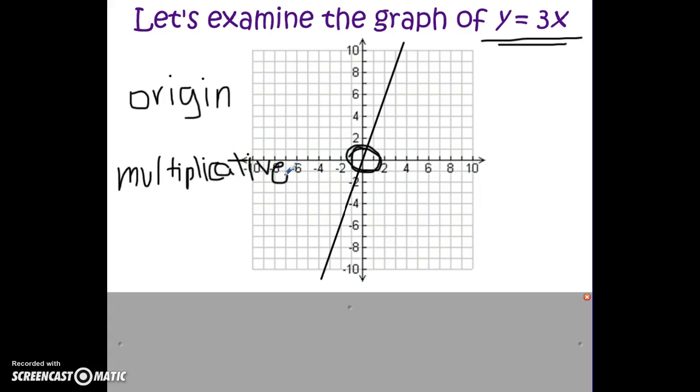Multiplicative equation, meaning that there's no constant in the equation. So the only thing we have here is a coefficient and an x. There's nothing added or subtracted at the end. So the equation is multiplicative, meaning there's no constant in the equation.